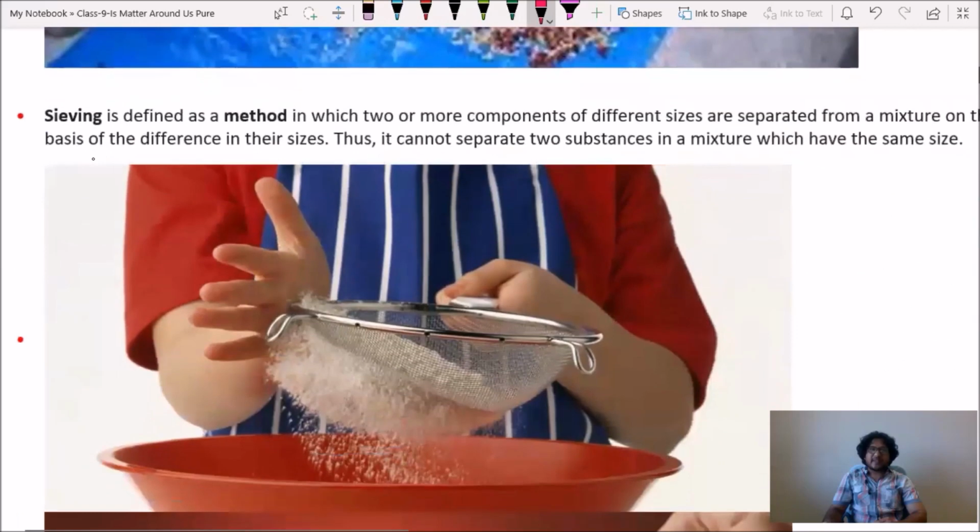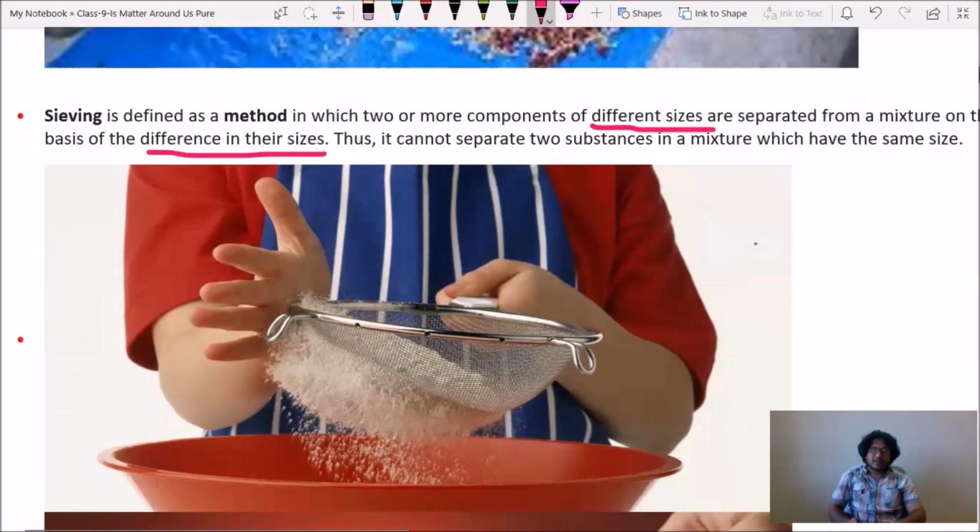Second one, sieving. It is a quite simple method which you can observe in your house daily. When your mom is cooking something, if you want to cook some pakoda, you will use some flour and you will use a sieve to separate that flour and dust particles, right? Sieving is defined as a method in which two or more components of different sizes, that is the most important point here, are separated from a mixture on the basis of differences in their sizes.